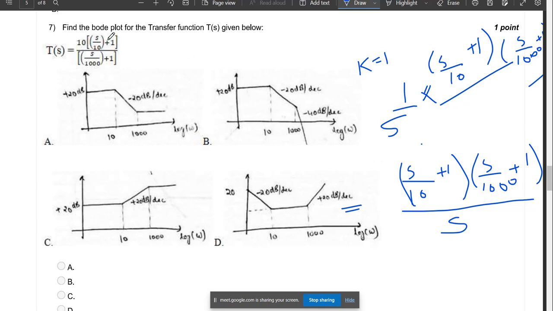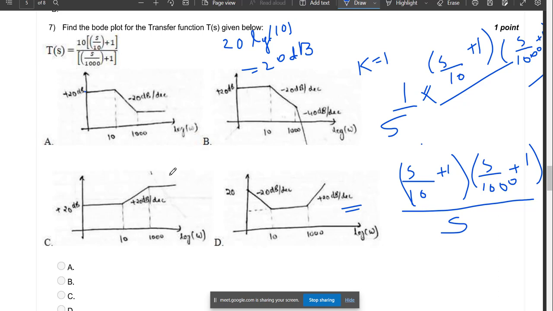So here we have a 10, right? 10 as a constant is given to us. So from where will it start? It will start as 20 log 10, that means 20 dB. So it will start from plus 20 dB.